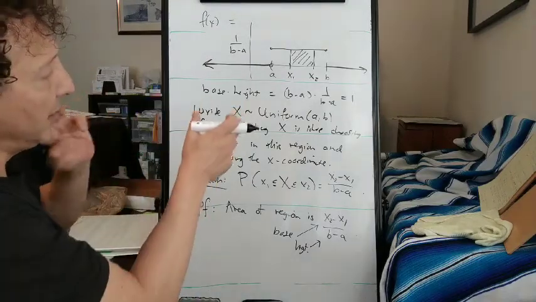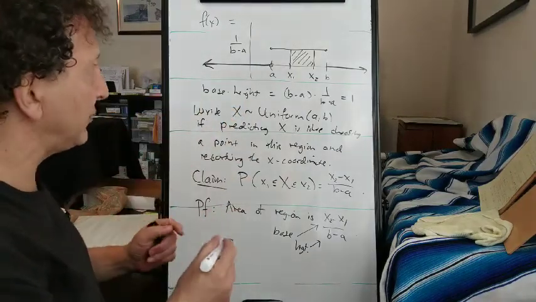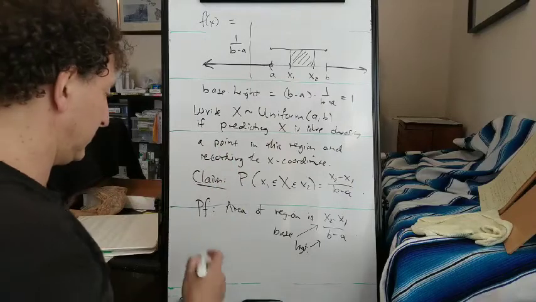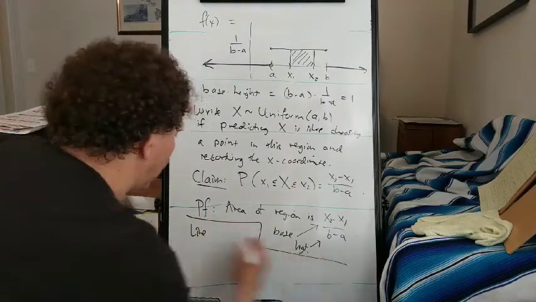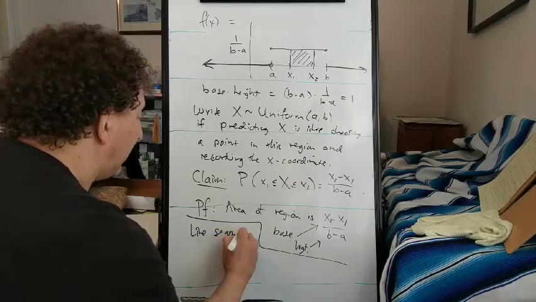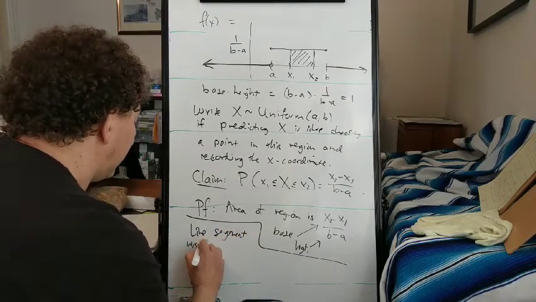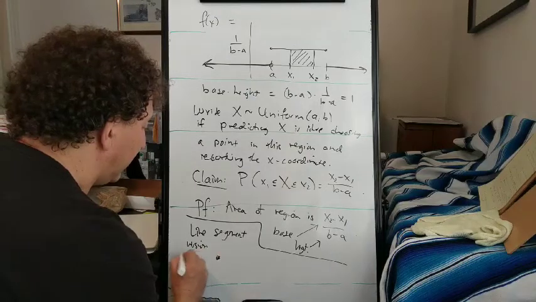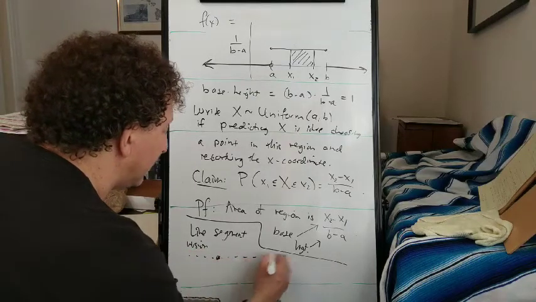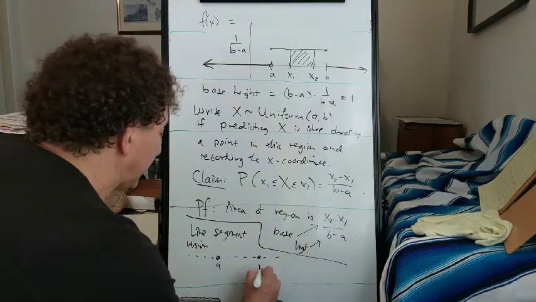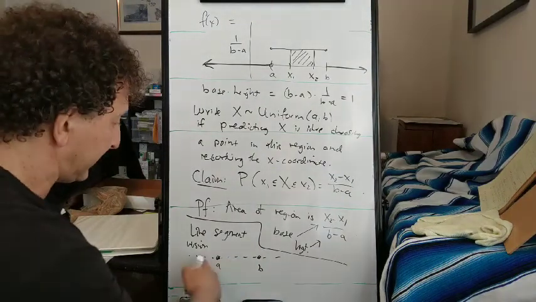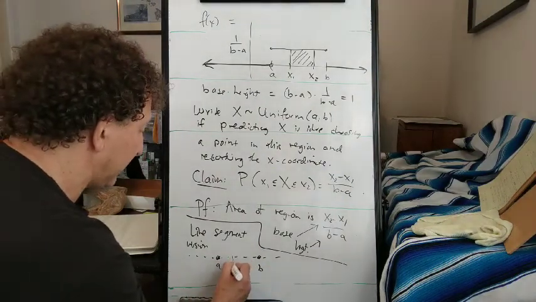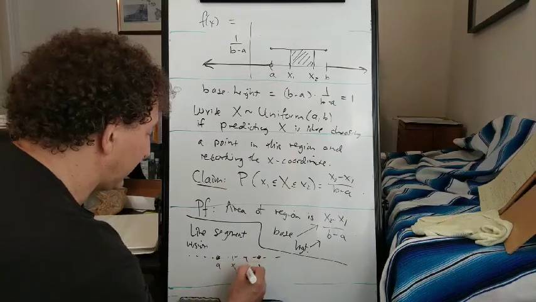I said this with area, but we could really do this with just a line segment. So we have the real number line with a and b on it, and we're picking a point at random in this segment and then asking, is it between x1 and x2?